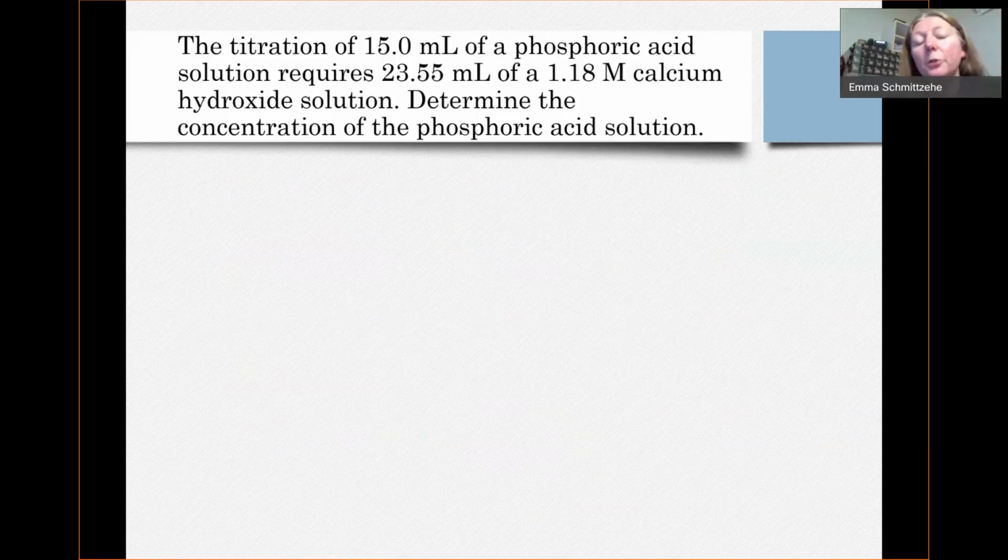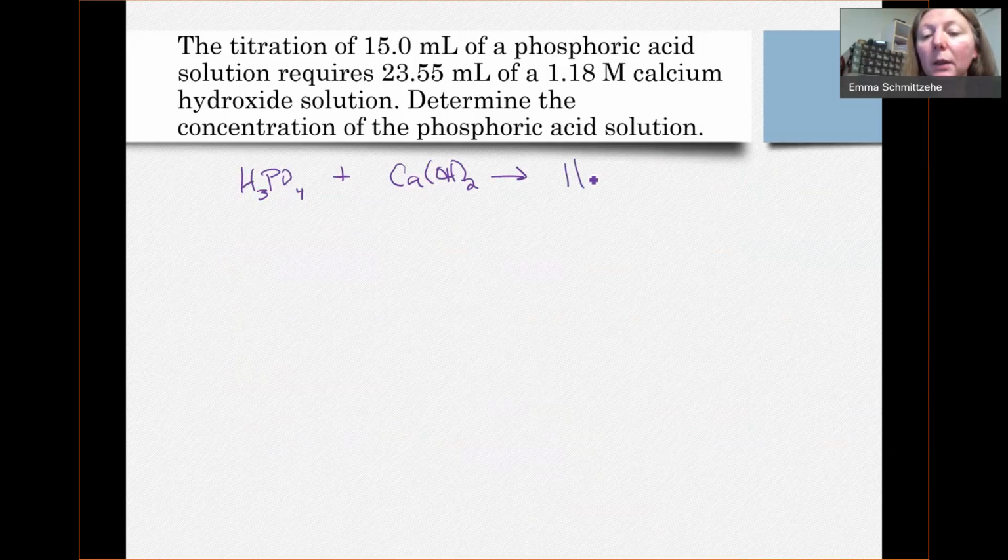So again, we don't have a reaction given, but this is a reaction between those two things. A titration always is a reaction. So if you're not given a reaction, that should be the first thing that you do, is write that out. So we have phosphoric acid, which is H3PO4, and that's going to react with calcium hydroxide, which is Ca(OH)2, and then what gets produced is water from the H plus from the acid and OH minus from the base, and then some salt.